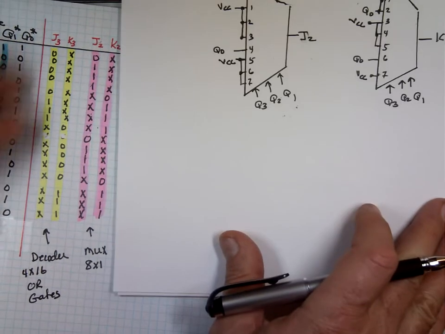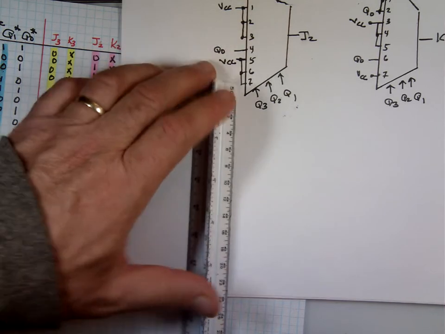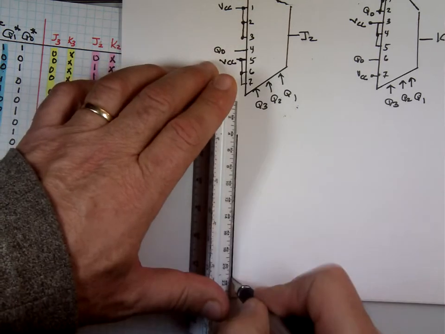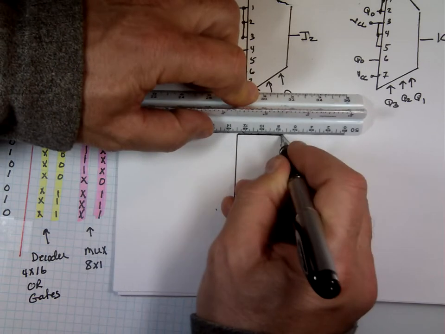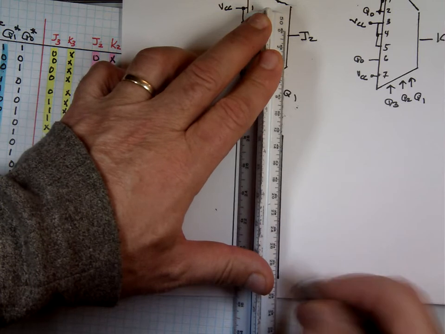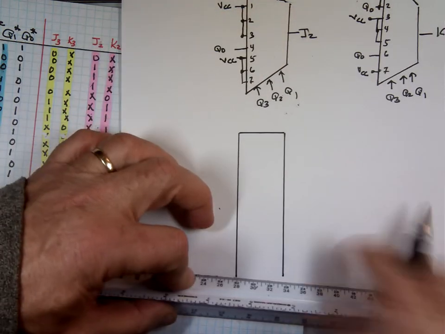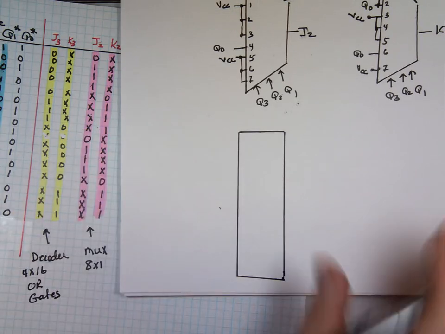And for J3 and K3, 4x16 decoder. So it has 4 inputs, 16 outputs. Only one of them will be on at any given time. Only one. So it can't be an AND gate to it because an AND gate will kill it.